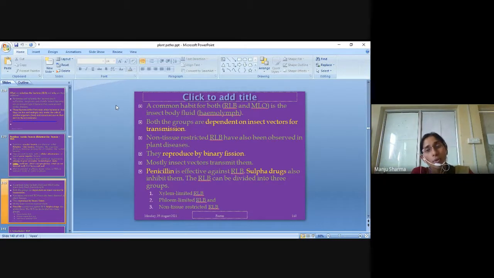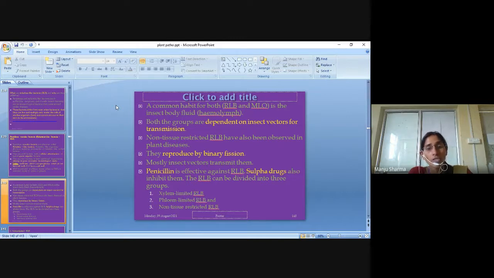A common habitat for both RLB and MLO is the insect body fluid, that is hemolymph. Both groups are dependent on insect vectors for transmission.